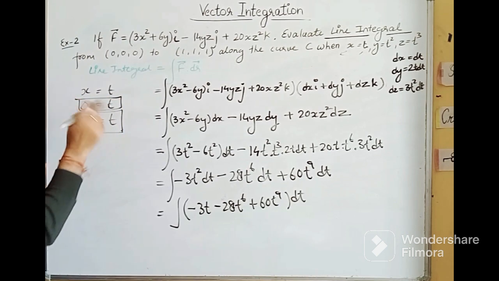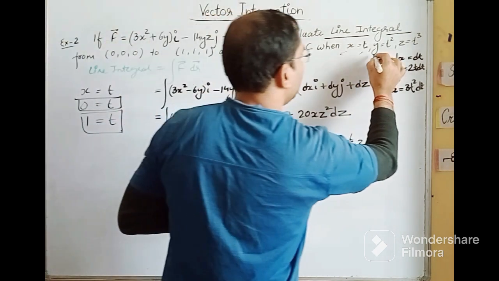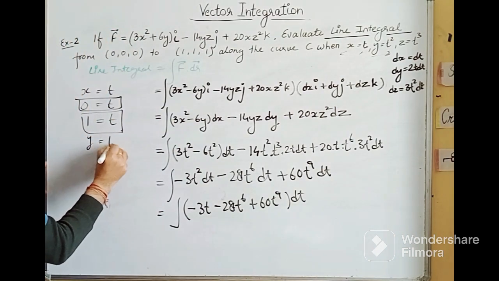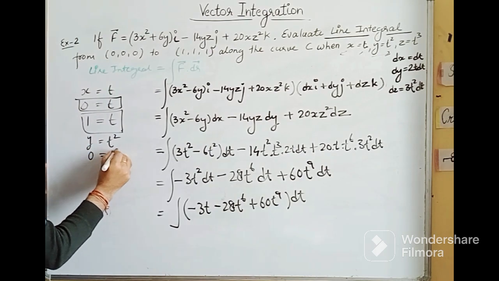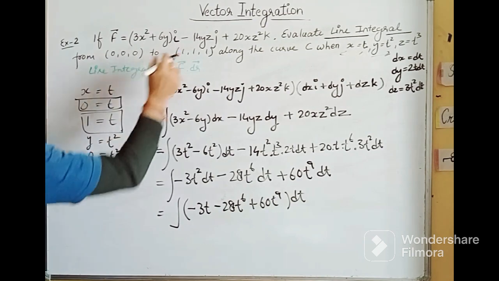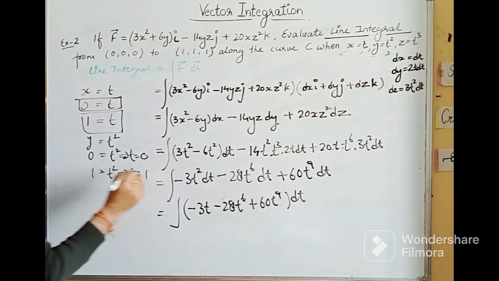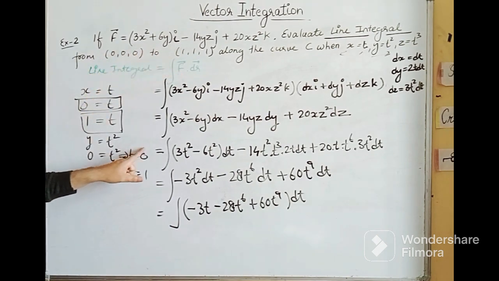So the limits for t here come to 0 to 1. Now we'll check for the second equation, y is equal to t square. Whenever y was 0, this is 0 is equal to t square, which means that t is 0. Whenever y was 1, this is 1 is equal to t square, which again means t is equal to 1. So again for y from 0 to 1, t is also 0 to 1.